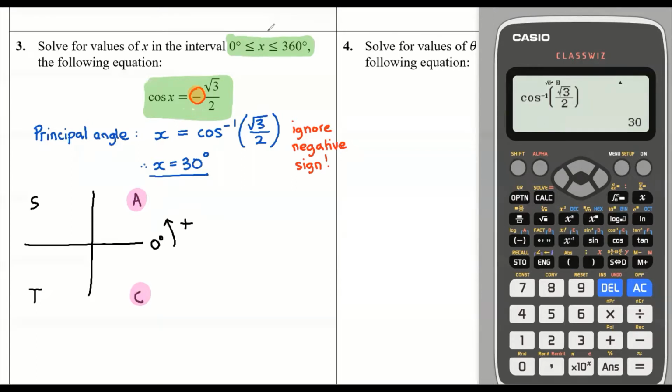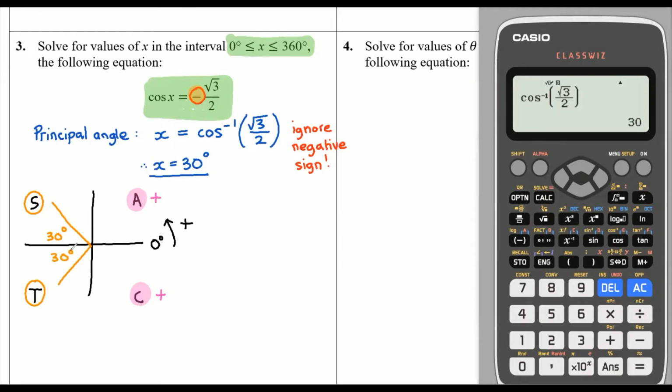So if I put my principal angle in those two quadrants, that wouldn't be correct, because that would be the positive version of root 3 over 2. So the quadrants we need are sine and tan, where that value is negative. Okay. So we put the principal angle here and here because it's negative root 3 over 2, not positive root 3 over 2. So we have 30 degrees there, 30 degrees there.